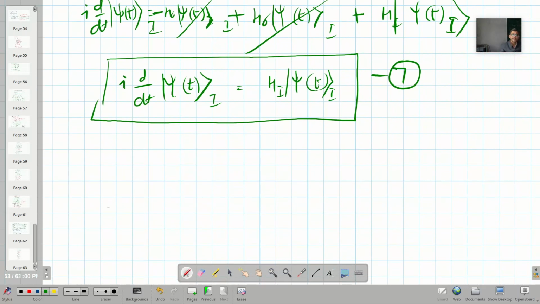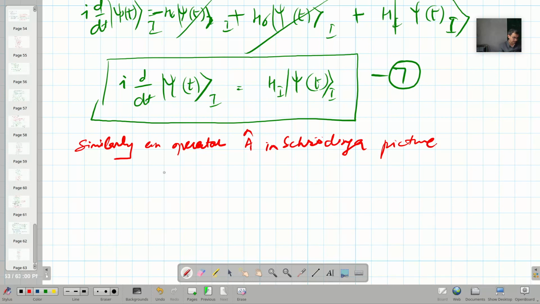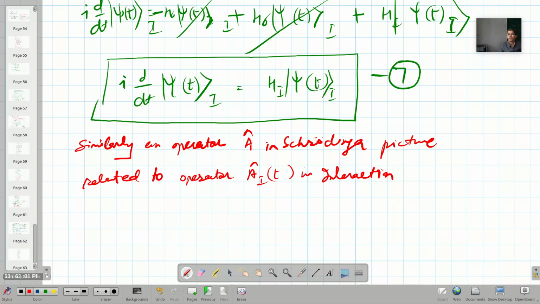So similarly, an operator A in the Schrodinger picture is related to operator A I t in the interaction picture by a unitary transformation.